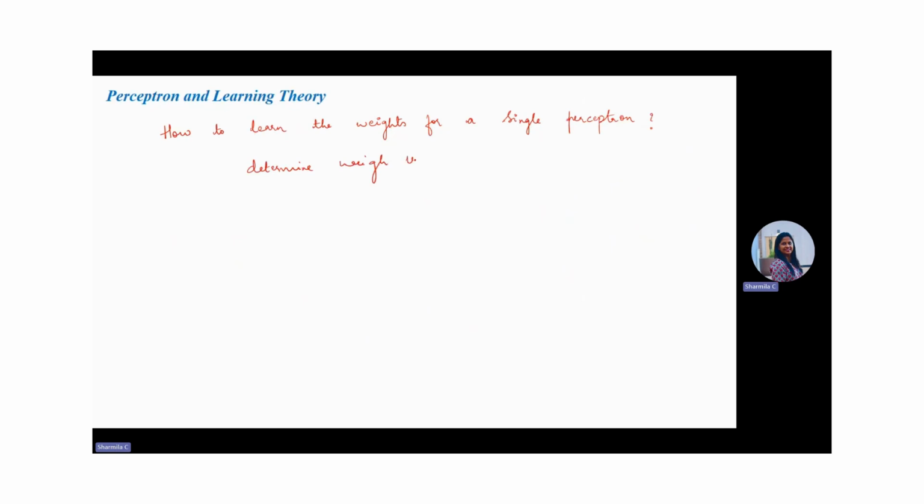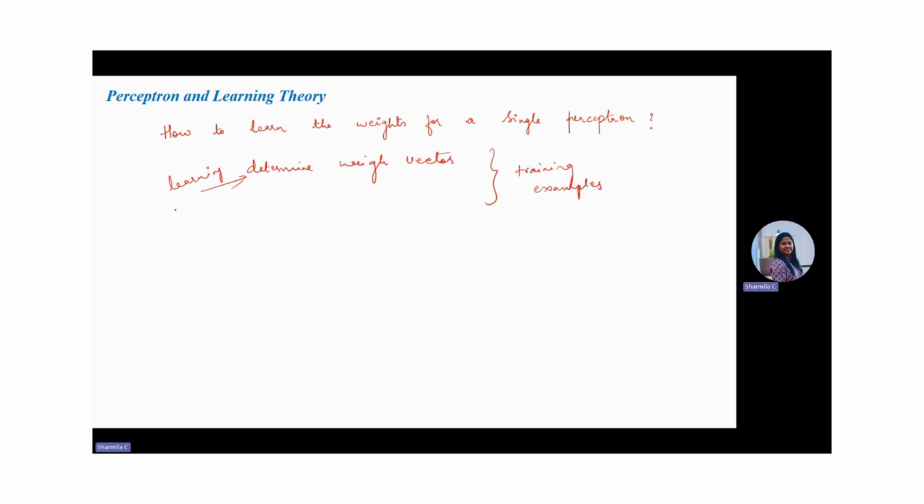So we are going to learn or adjust the weight vector that causes the perceptron to produce the correct output, that is plus or minus 1, for each of the given training examples. So we have to keep in mind the given training examples while learning the weights of the perceptron.